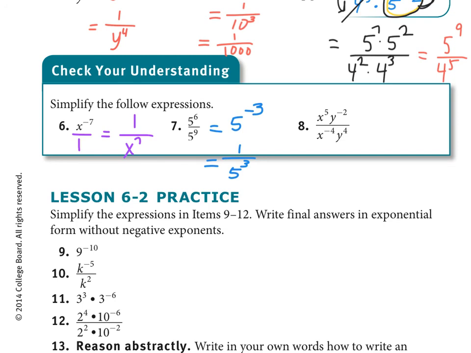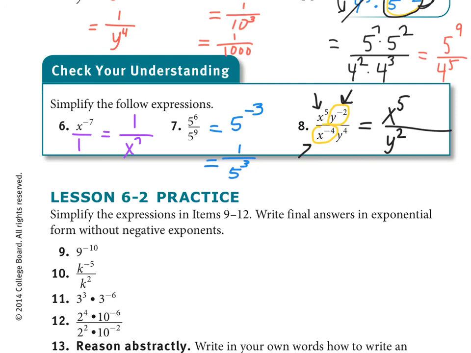Number 8 is one of the more complicated ones because it has 2 negative exponents. So each of those terms, when the exponent's negative, we need to do reciprocals. Let's walk through and see where things are going to end up, one term at a time. The x to the 5th was good because its exponent was positive. Y to the negative 2nd is going to go to the denominator and make the exponent positive, because reciprocal will mean it goes to the bottom.